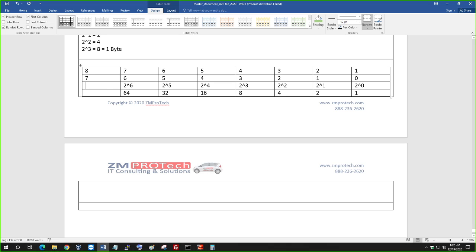And 2 to the power of 7 is 128. Okay, this is for IP address. This is where we're going to stop.